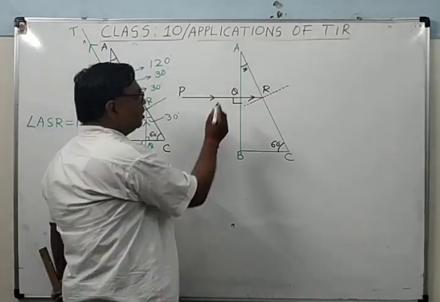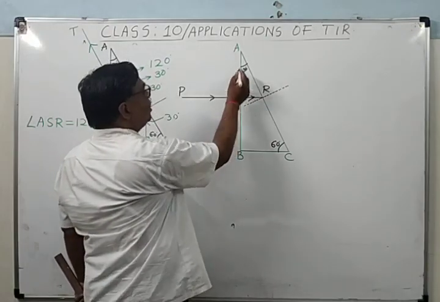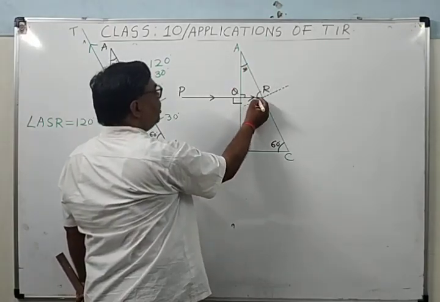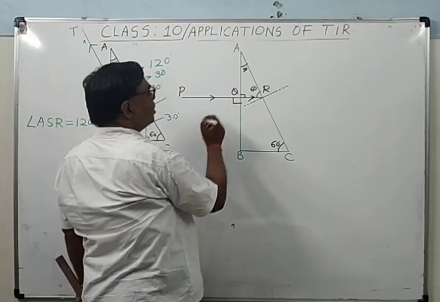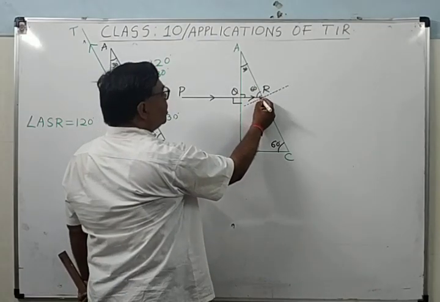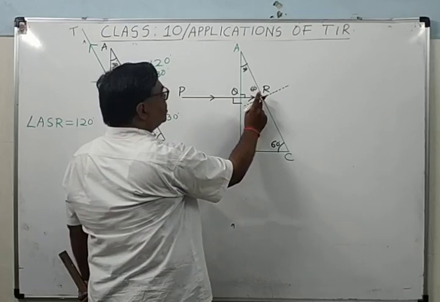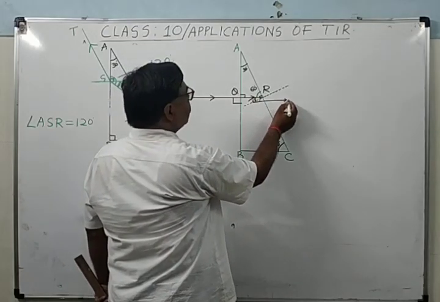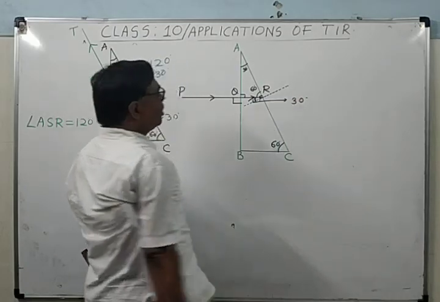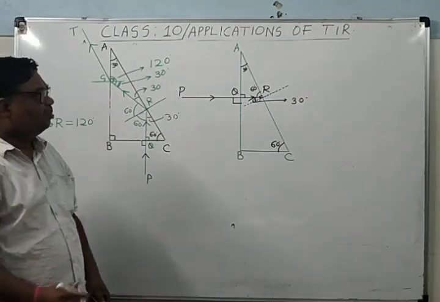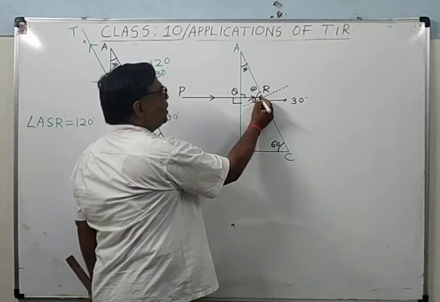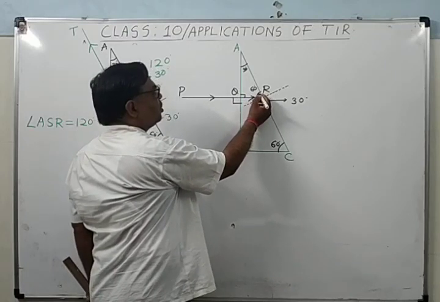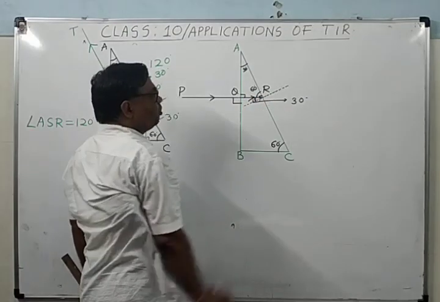You can see here, this is 90 degree, this is 30, so this angle will be equal to 60 degree. This angle is 90 degree. This is 90, so what will be this angle? This angle will be equal to 30 degree. It's clear? Because this whole angle is 90. Out of this 60 subtract, so this will be 30 degree.